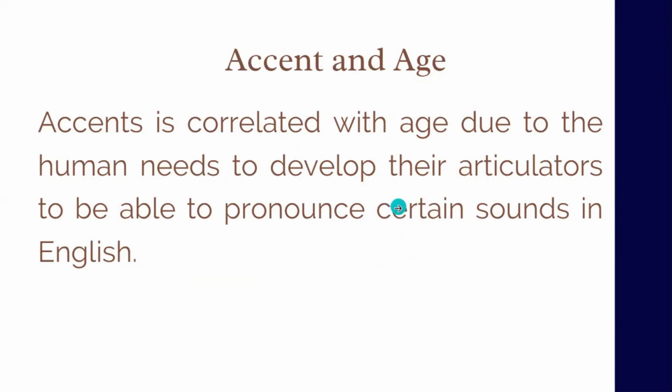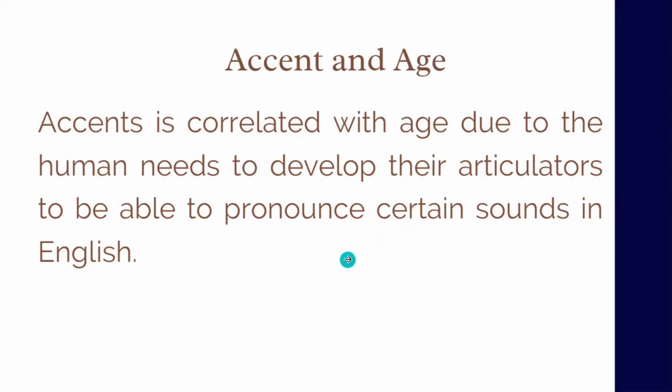So humans cannot produce all the sounds in English in the first place, especially if the human is still a child. For example, the sound of th, the children cannot produce it. The children that don't have teeth yet cannot produce the sound.